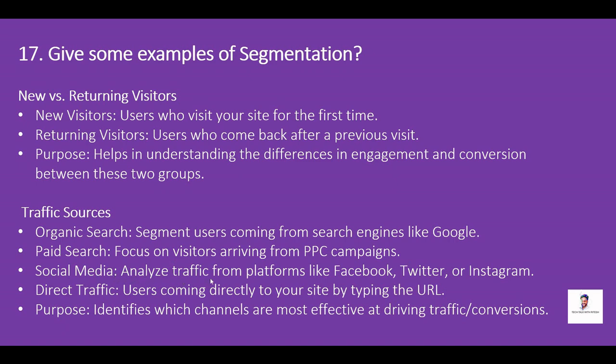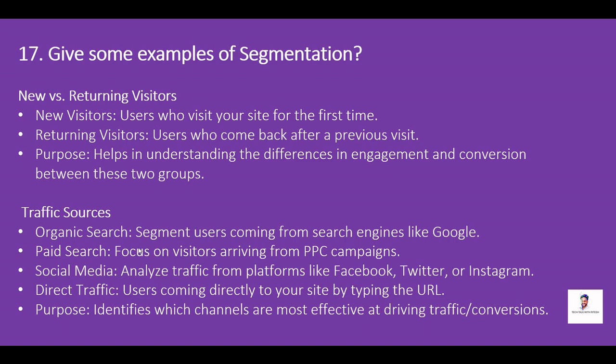Social media: analyze traffic from platforms like Facebook, Twitter, or Instagram. Direct traffic: users coming directly to your site by typing the URL, or maybe it was bookmarked earlier, like that. And it identifies which channels are most effective at driving traffic as well as conversion, and which are not.